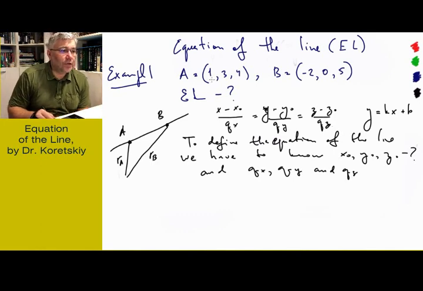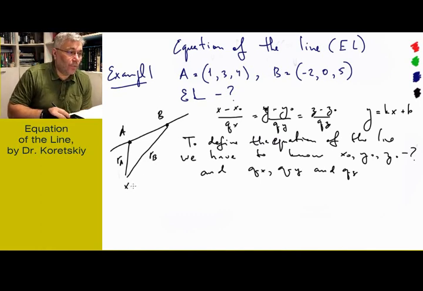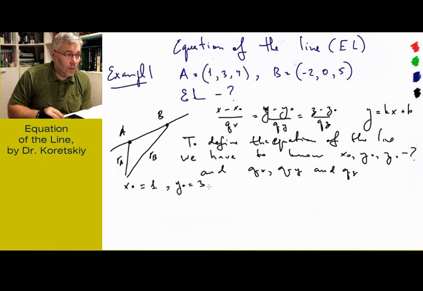x0, y0, z0 are very easy to define. You can use the coordinates of A or of B, it's your choice. So x0, y0, z0 we can take as 1, 3 and 4.